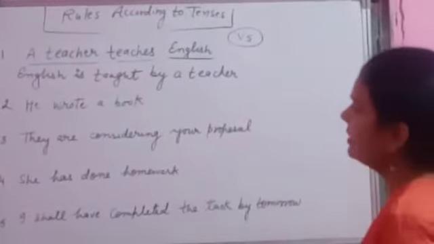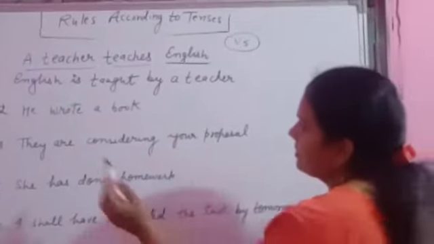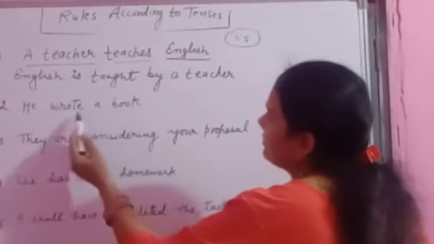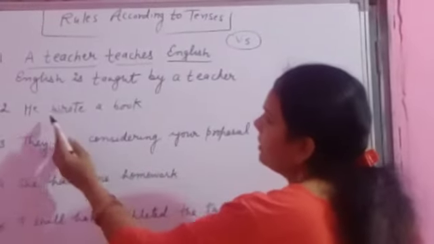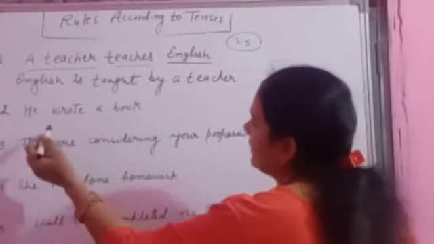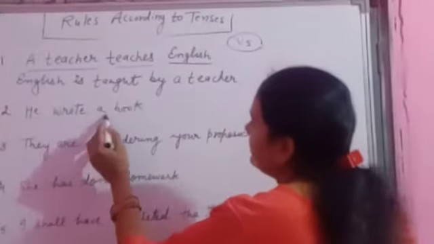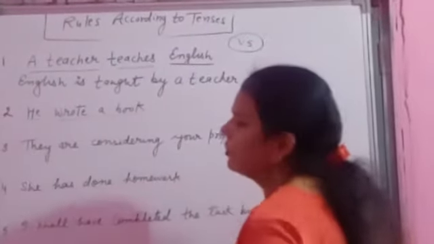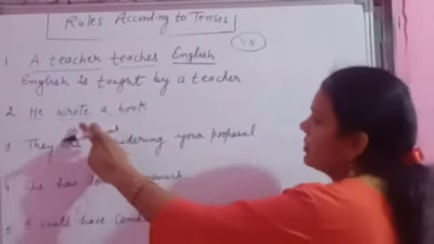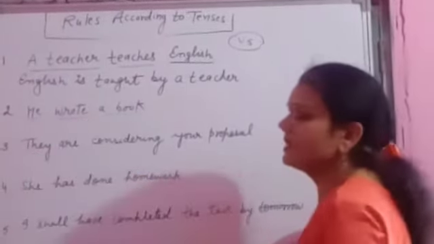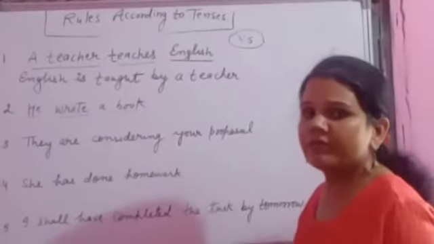Understand? In the second sentence, he wrote a letter. Wrote: write, wrote, written. Clear? He wrote a letter. First of all, identify the subject and then object and noun. Wrote: write, wrote, written. Second form of the verb, it means that the sentence is in past indefinite.